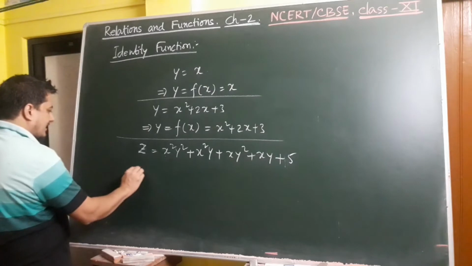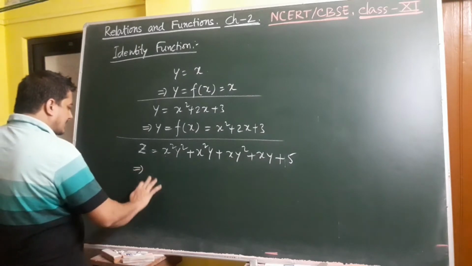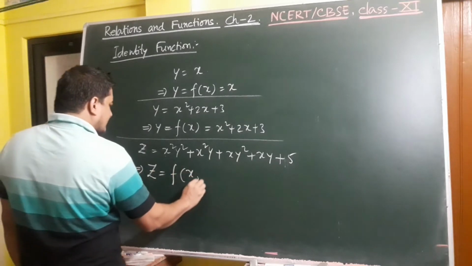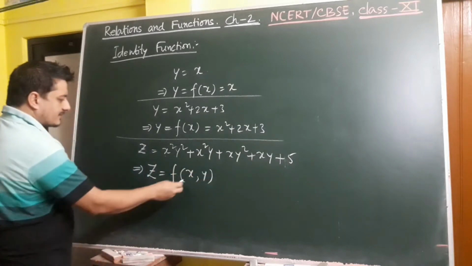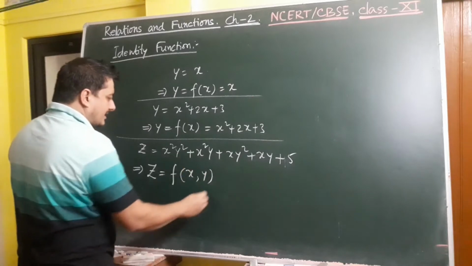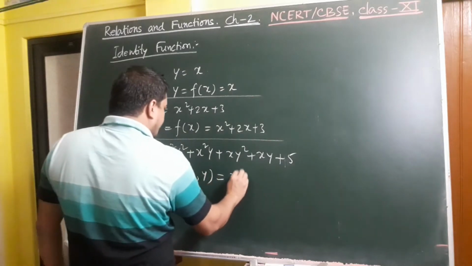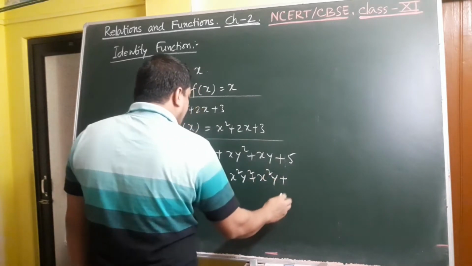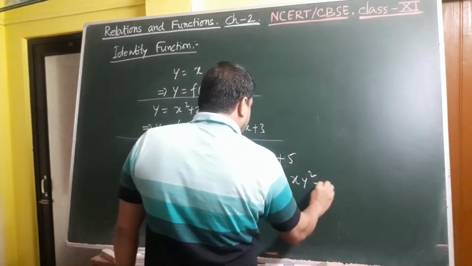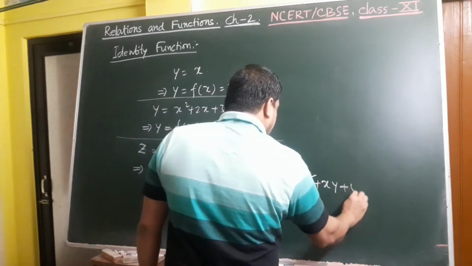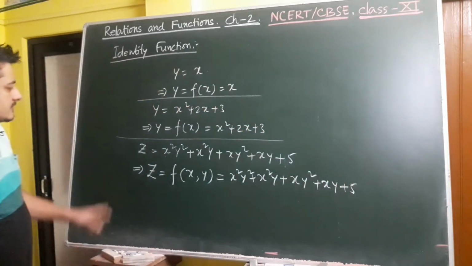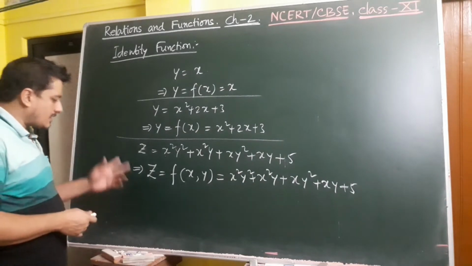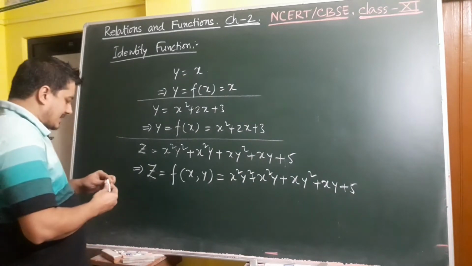So I can write this as z is equal to function of x comma y, and then this equation, x square y square plus x square y plus x y square plus xy plus 5. So this is the way we write any function. Okay, so now we shall start with this identity function.